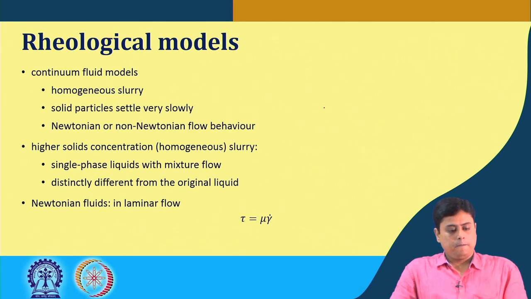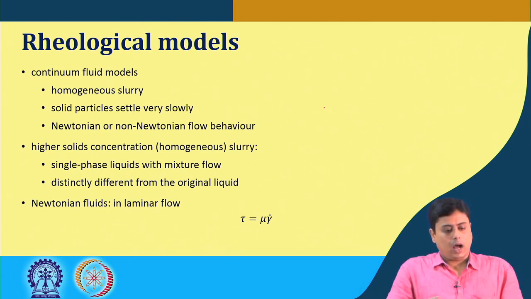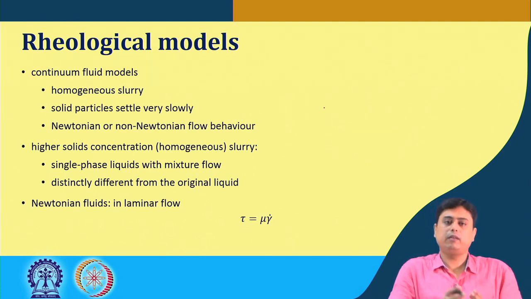So, at higher solids concentration, the slurry is more homogeneous, because for a given particle size, as we increase the concentration, it becomes more homogeneous.